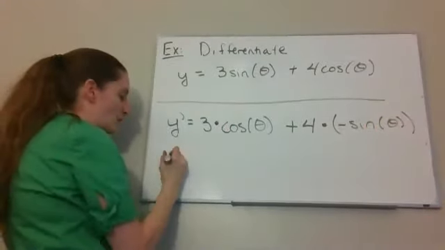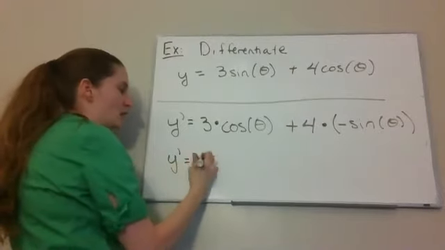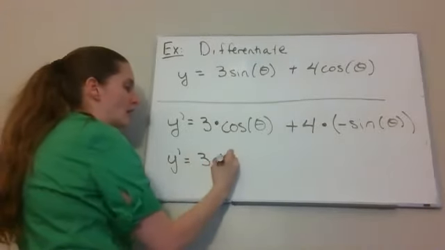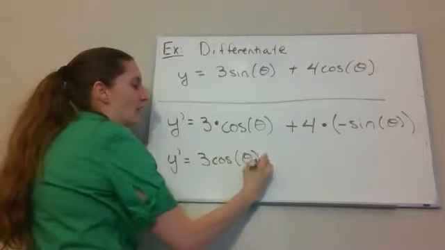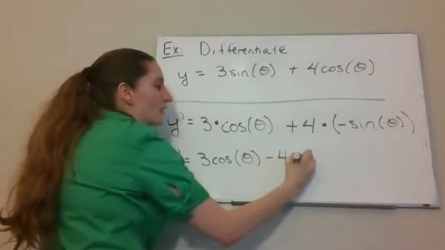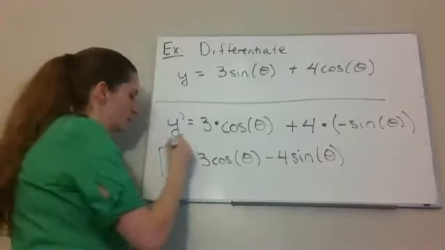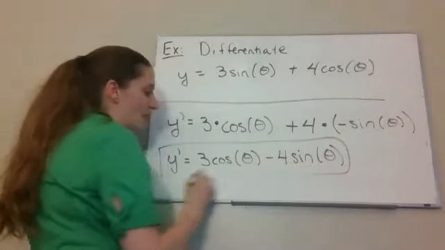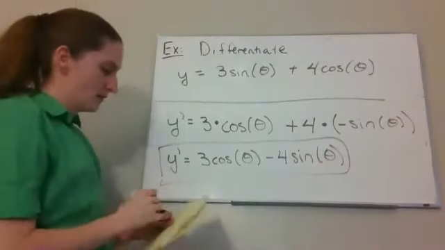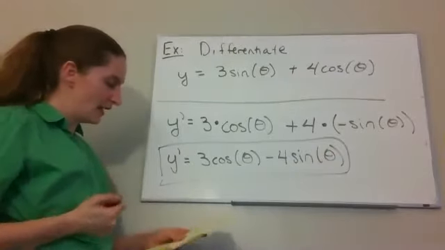So rewriting this just a little bit, I get my derivative y prime is 3 cosine theta minus 4 sine theta. All right, well, that's not too bad.